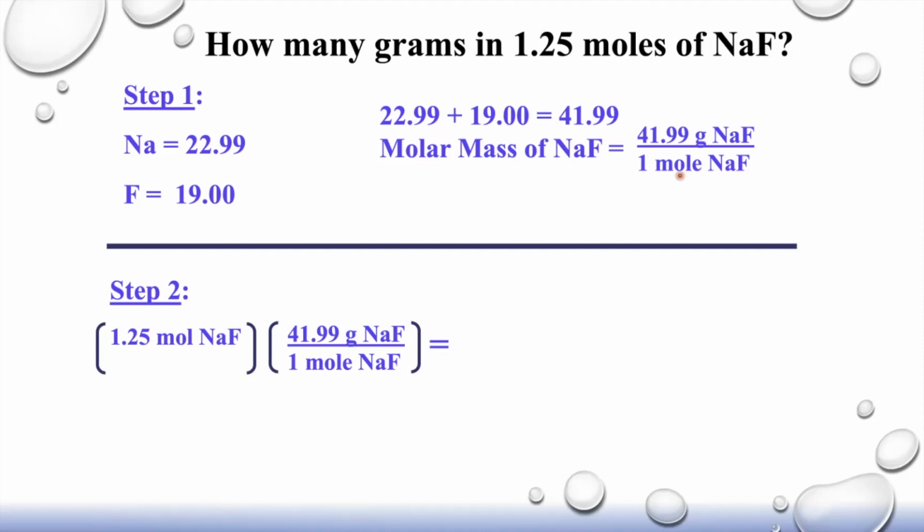So for the next step, we're going to take this molar mass and calculate how many grams. The question is, what do we know? We know we have 1.25 moles. That's what we want, 1.25 moles, and we need to figure out how many grams we're going to measure out in order to do that. So we start with what we know first, 1.25 moles of NaF.